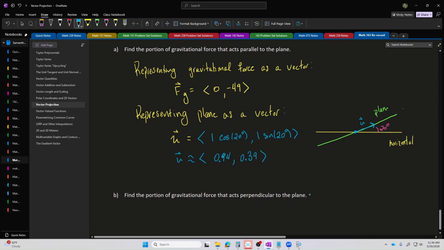So I will use this unit vector as a representation of the plane.